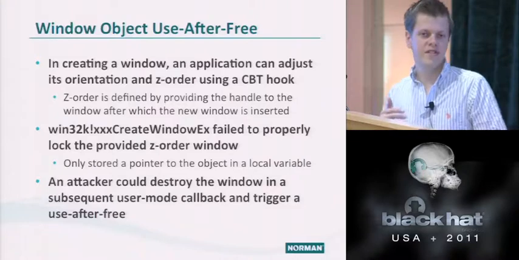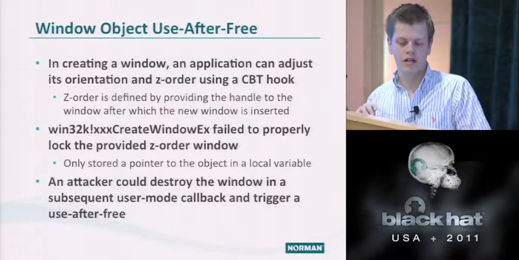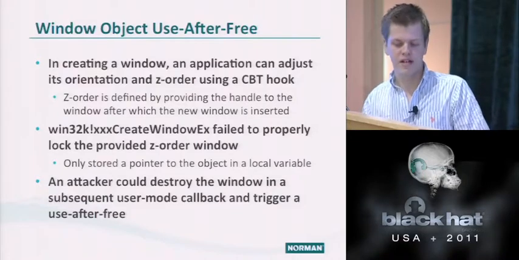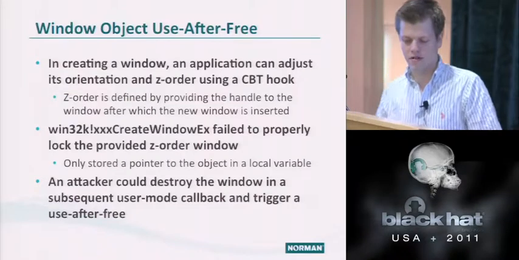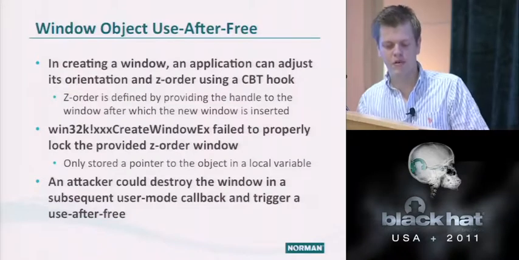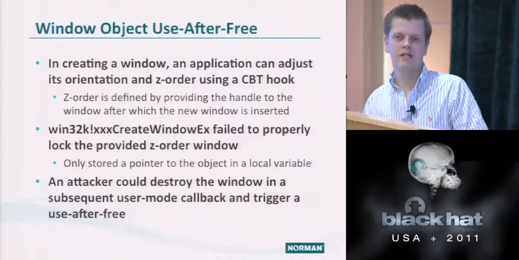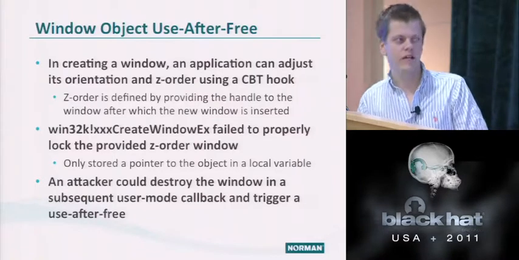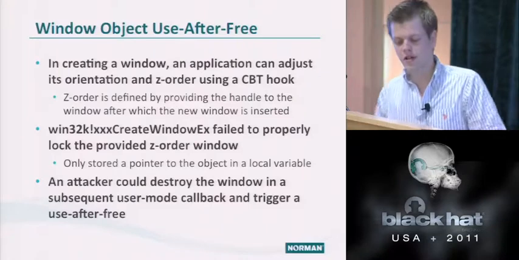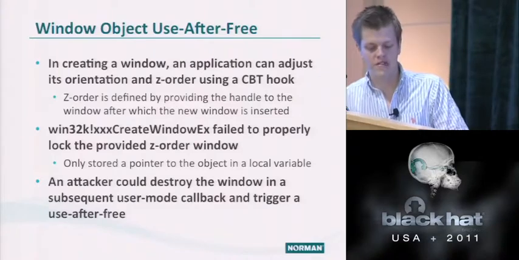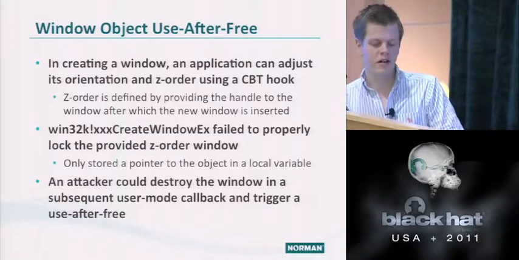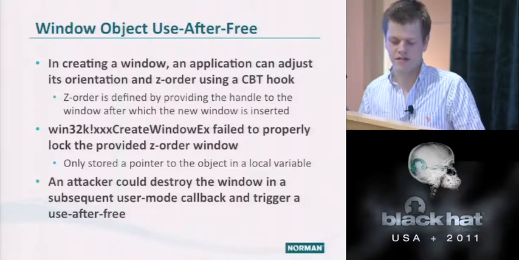You can also set the Z order, like the arrangement of the window on the desktop, from topmost to bottommost, and you do this by providing a handle to the window, after which the new window handle is inserted. The problem with this function, CreateWindowEx in Win32k, was that it did not sufficiently lock this object.